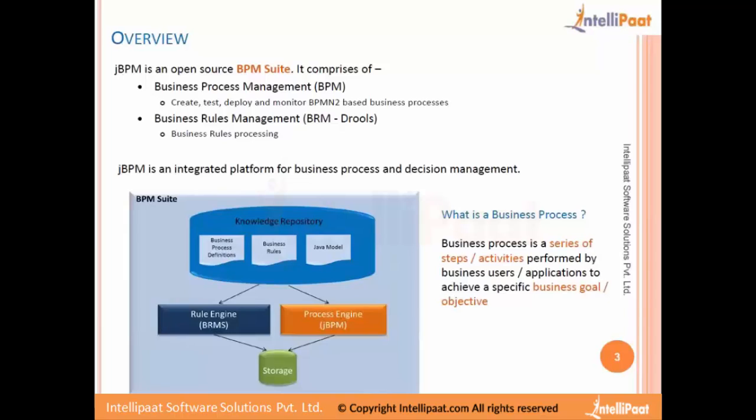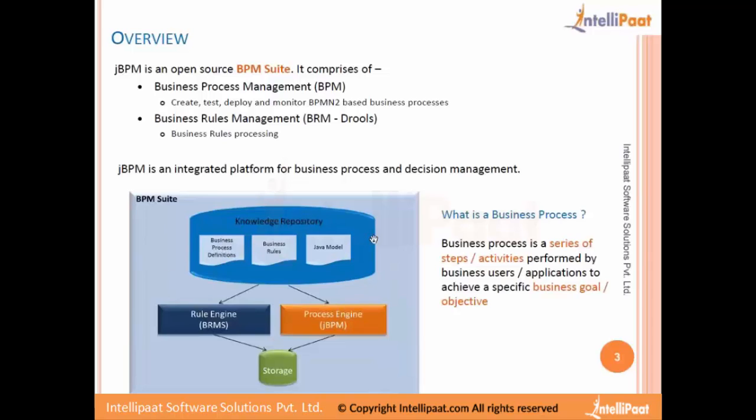Both of them are going to use the knowledge repository. To execute these engines, we need the business processes to be modeled and created, we need the rules to be modeled and created, and we need a data model which is specific for the application. What these rules and business processes will be acting upon is the data model. All of these become knowledge artifacts, and they will be available in a repository for both the rules engine and the process engine.